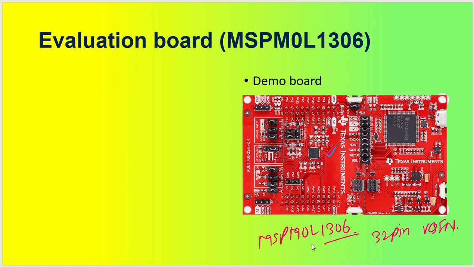So it is having almost everything, and it is mounted with the 32 pin VQFN package. So this is the device that is there, if you can see. Okay, and it has so many inbuilt features, like LEDs and push buttons, and all the pins are taken outside so that you can connect for your external applications.